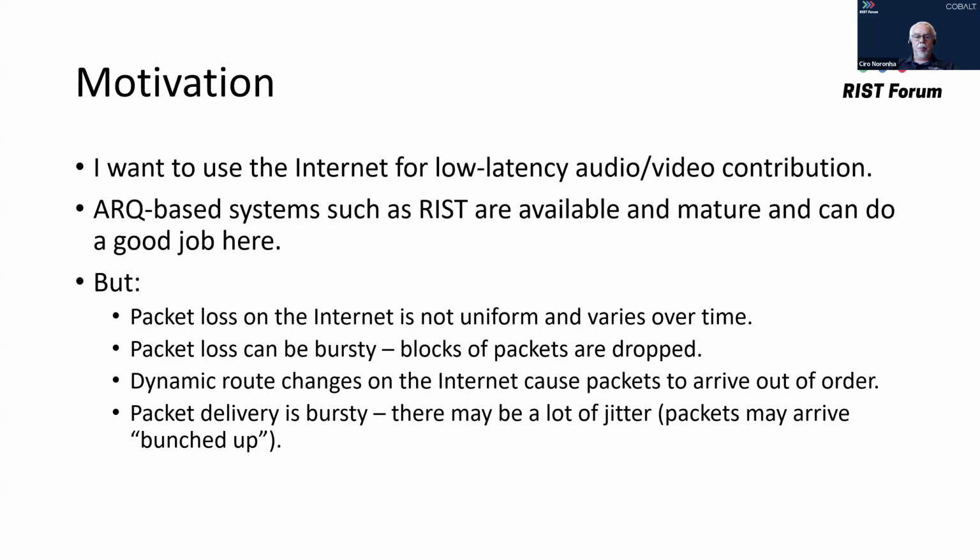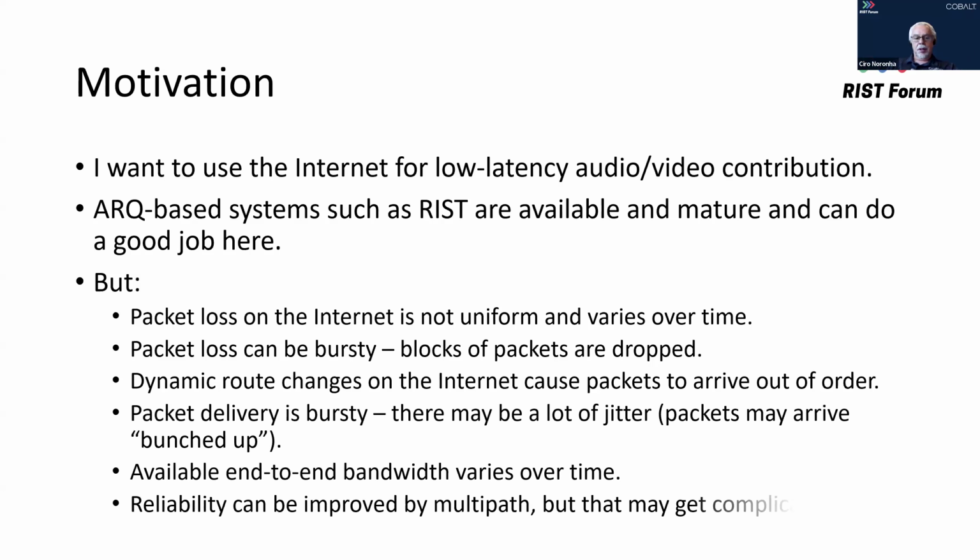And there may be a lot of jitter, and then packets can get bunched up, so they come in a burst. Available end-to-end bandwidth varies over time. It may work today and not work tomorrow. Well, you can use multipath to improve reliability, but that also gets complicated. So those are all issues.